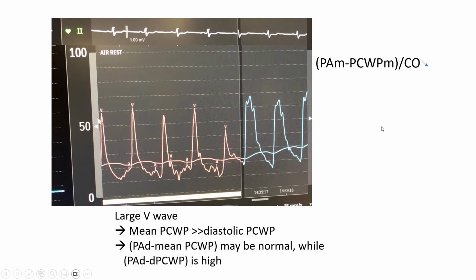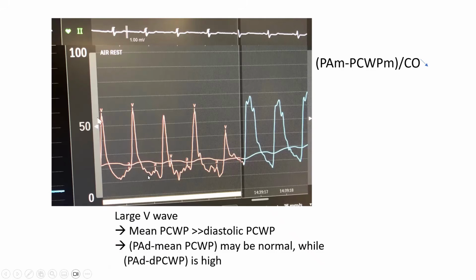This is particularly the case in those with prolonged and severe left heart failure. They have a big V wave and a high mean wedge that makes you underestimate the DPG, and they have a low cardiac output, so their PVR is high. This is the equation for PVR. With the low cardiac output, the low denominator in that PVR equation, it's easy to have high PVR.